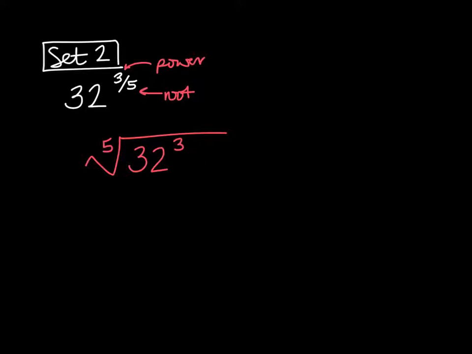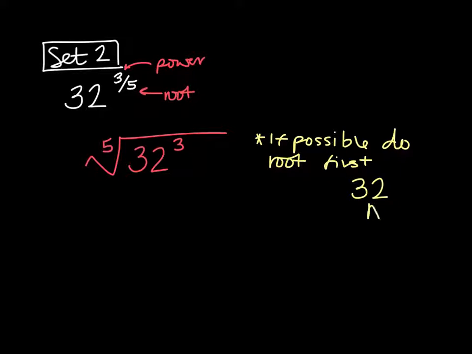So I would maybe make a note like, if possible, do the root first. That means I'm going to break 32 down. We did this yesterday. 4 and 8, 2 and 2, 2 and 4, 2 and 2.